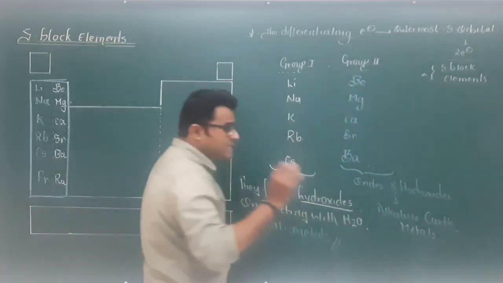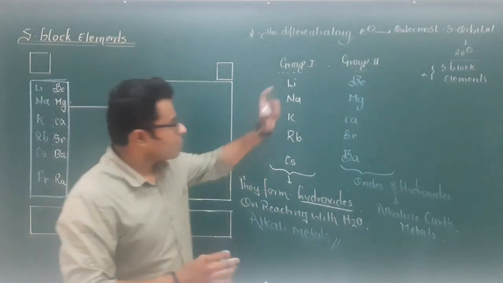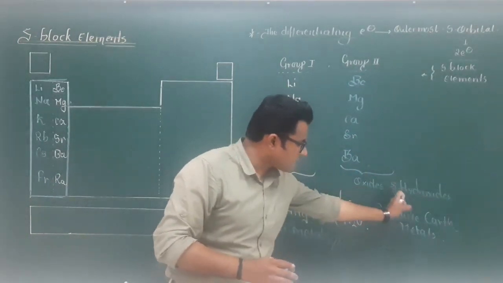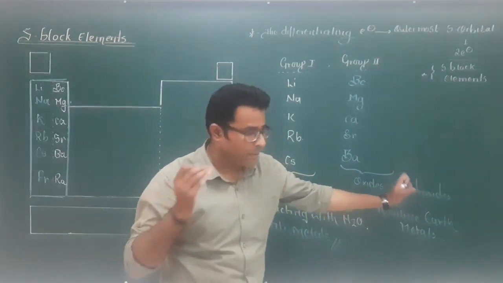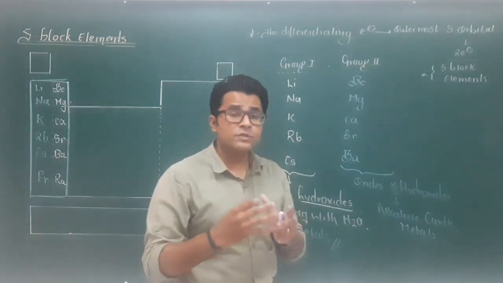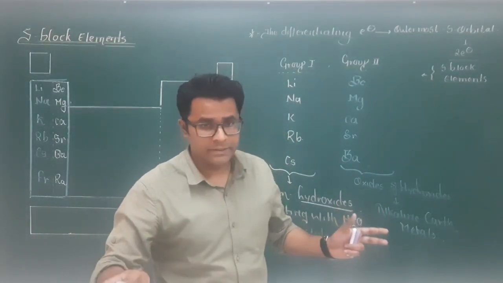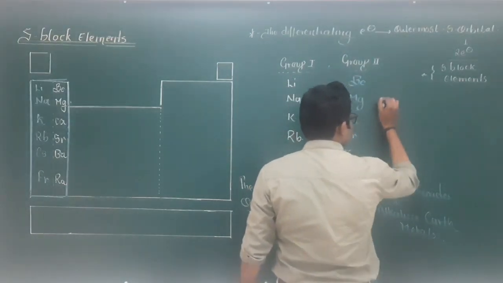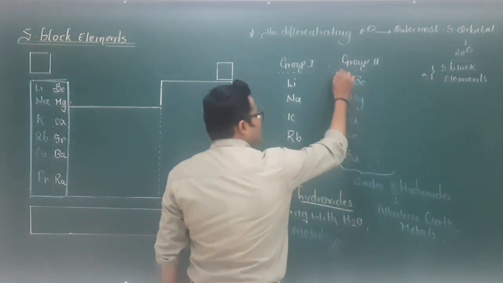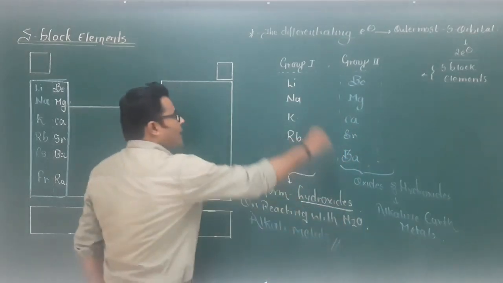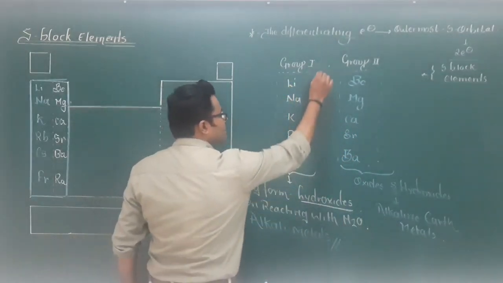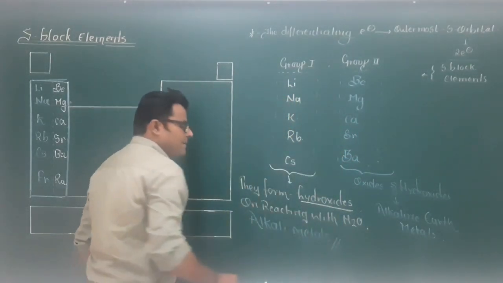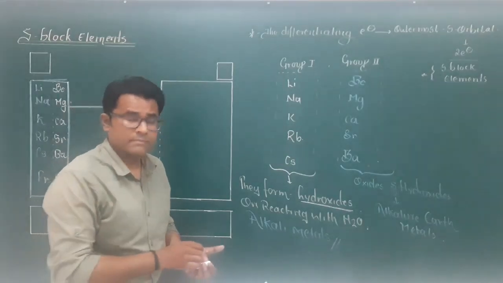Again, the oxides and hydroxides formed upon reaction are strongly basic in character. Therefore, we call this group alkaline earth metals, while the other group is alkali metals.